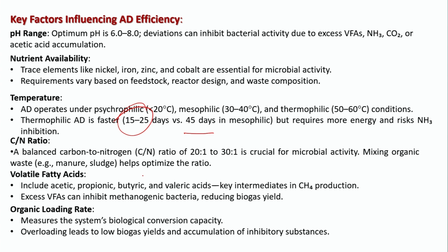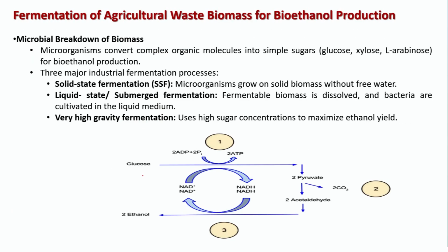That means it is measuring the biological conversion capacity of the system, that how capable it is to convert them. Overloading leads to low biogas yield and accumulation of inhibitory substances. So we need to take precaution during the loading of those organic resources.